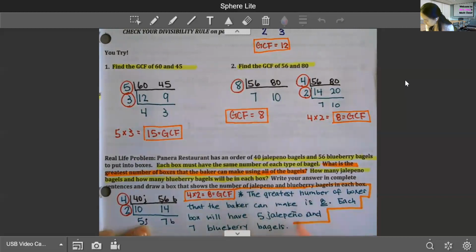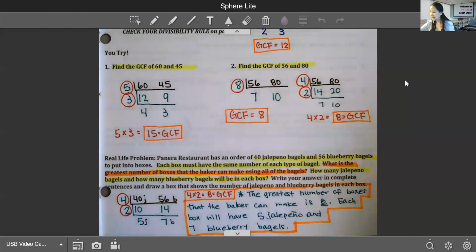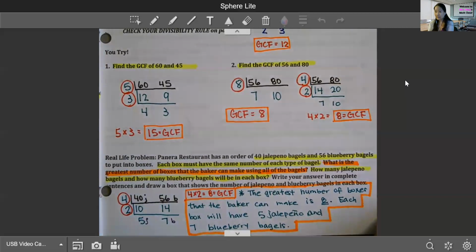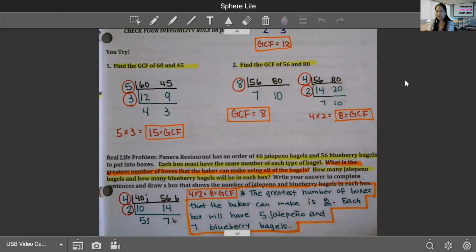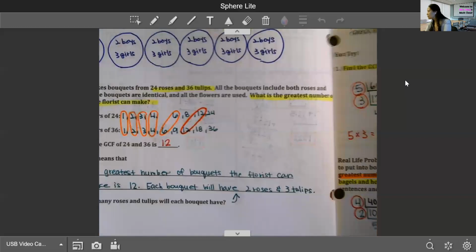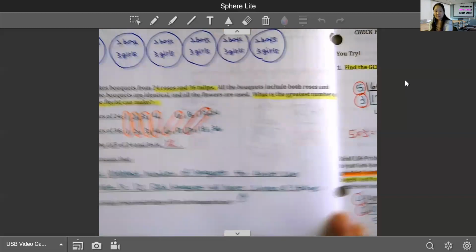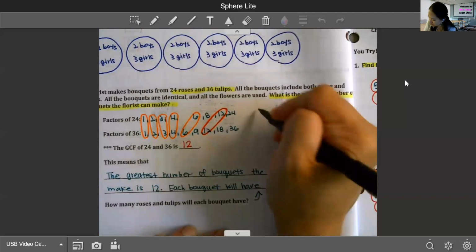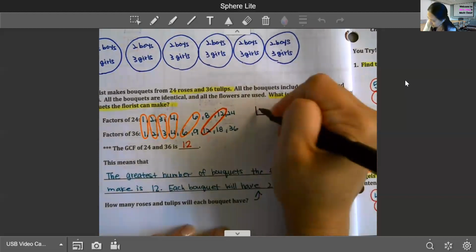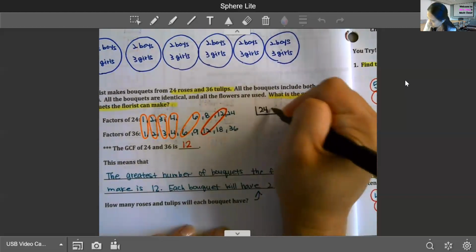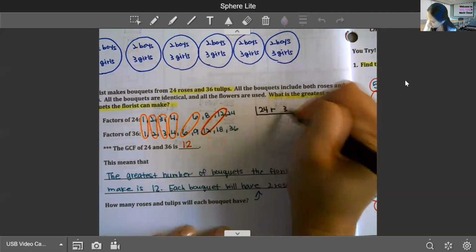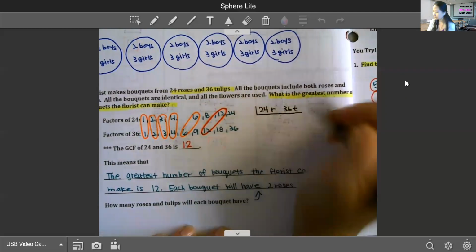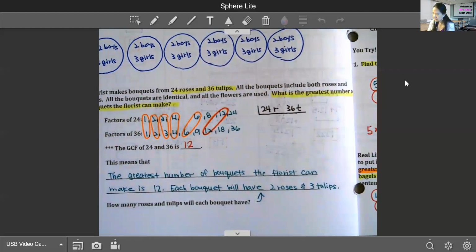Now, we are done with the lesson, but just in case you're still a little confused about that word problem, I'm going to go back to the roses and tulips and show you the upside down cake and how that works. And then we're truly done. So I'm going to quickly do an upside down cake of 24 roses and 36 tulips. I'm just going to make it simple.